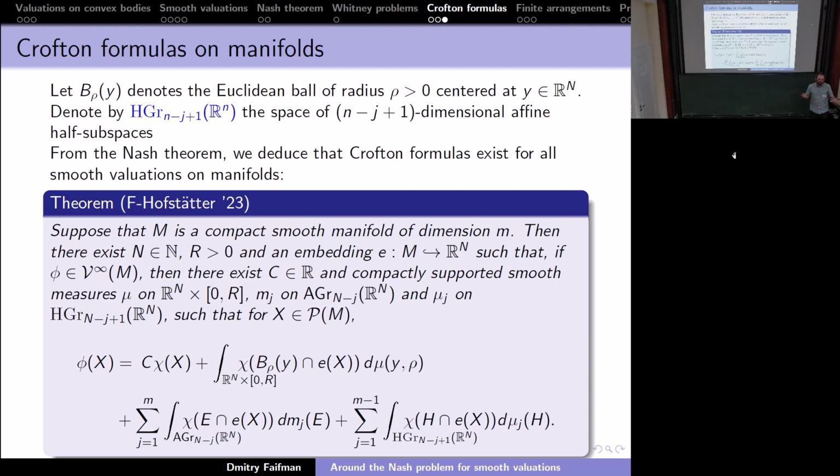You get some family, singular, but some family. And to account for the function, you also take balls of various radii, intersect them also with your submanifold, and in this way you can get a valuation as a Crofton, slightly singular, but nevertheless Crofton formula.